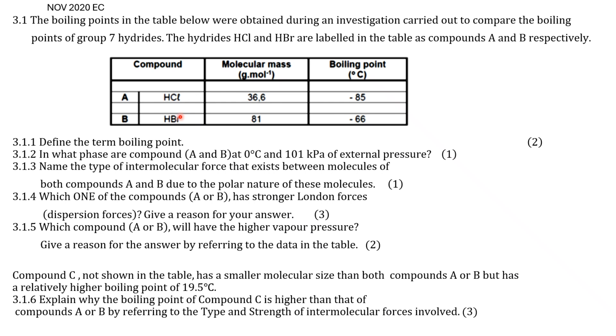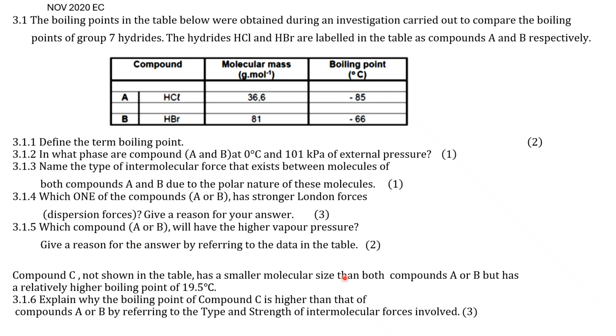So Cl and bromine are both halogens, hydrogen is from group 1. Which one of the compounds A or B has stronger London forces or dispersion? Give a reason. So we're going to look at the molecular mass of those two. Which compound has the higher vapor pressure? So for highest vapor pressure, lowest boiling point.